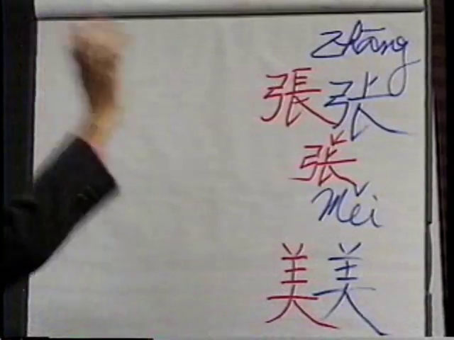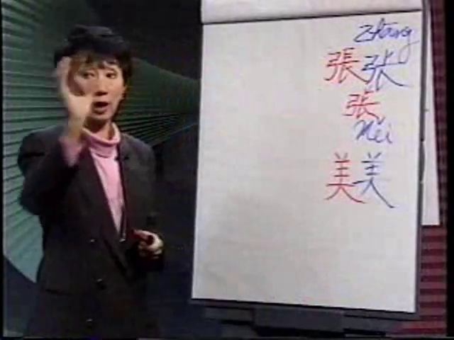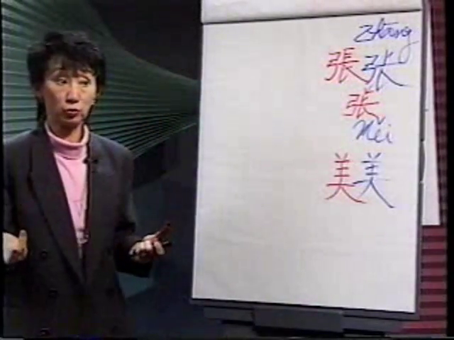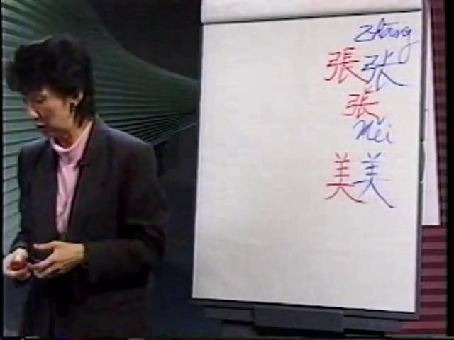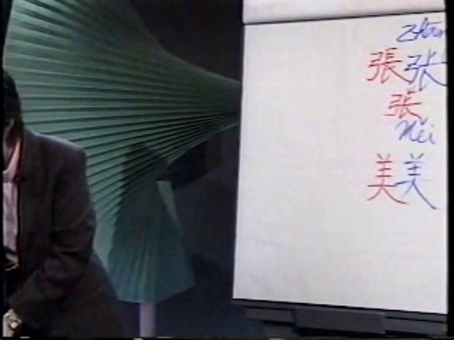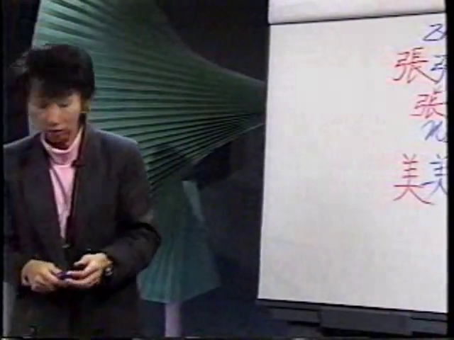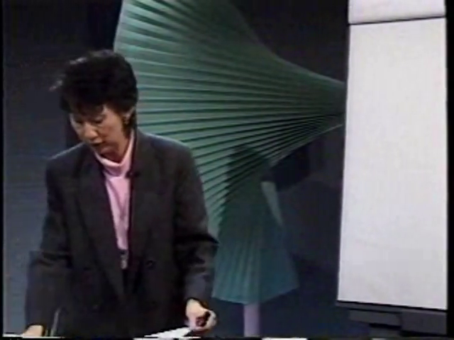You just say 张美很好. How about you? 张美很好，你呢? So you really can see that. So now we are going to the next part of the vocabulary, continue.